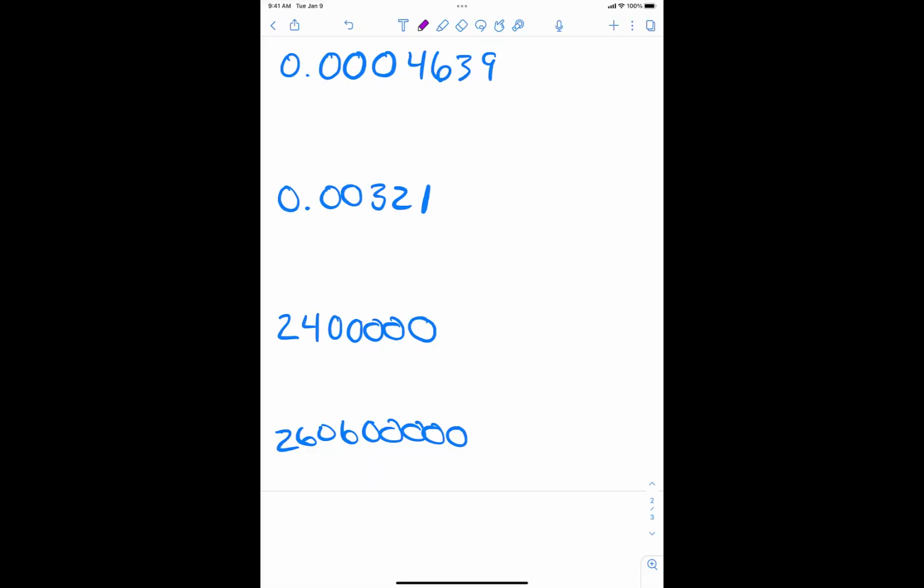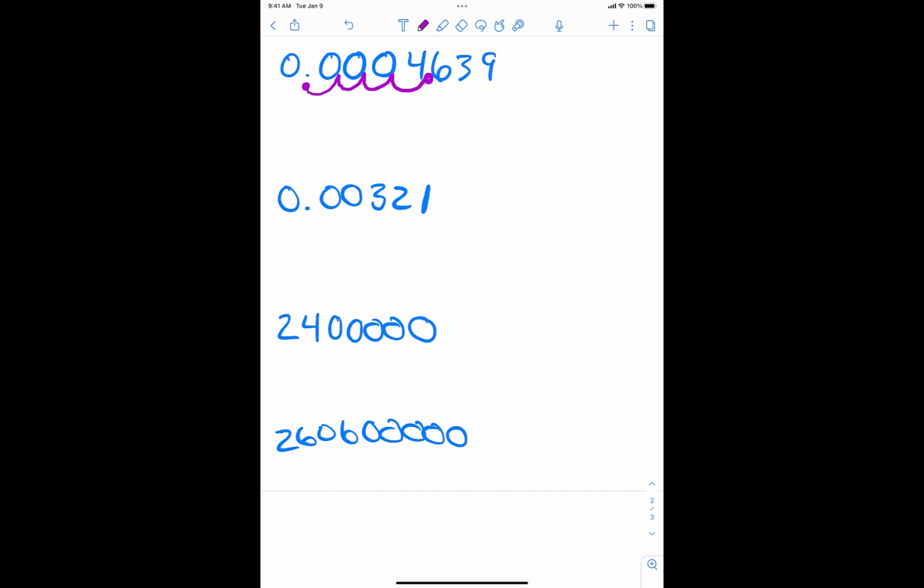Okay, so we have some numbers set up here that we are going to convert into scientific notation. So the first thing I need to do is say, okay, my decimal place is starting out right here, and now I need to move it, right? And so I'm going to move this until I get a number that is between 1 and 10. So I'm always going to have one non-zero digit followed by whatever other digits I have.